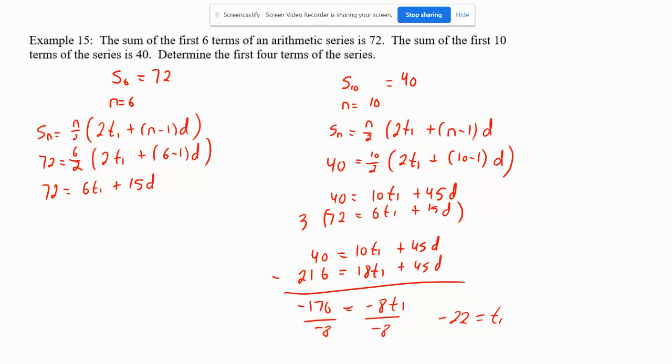And let's figure out what our common difference is now. Okay, so we know that 40 equals 10t1 plus 45d. So I'm going to plug in negative 22 in for t1.